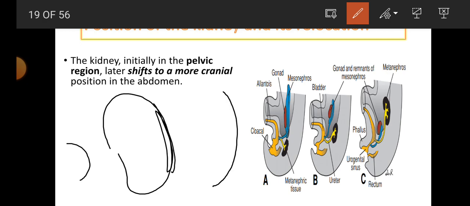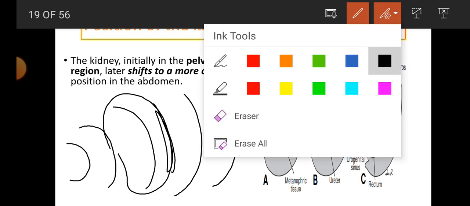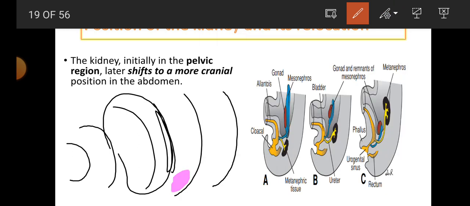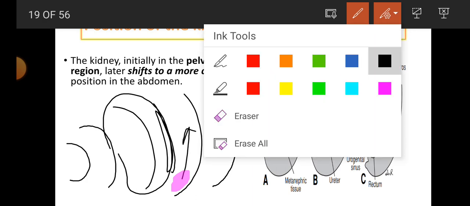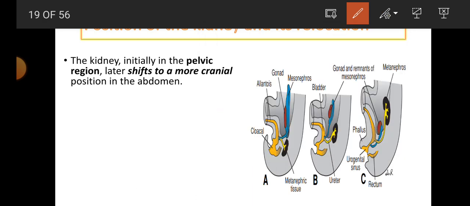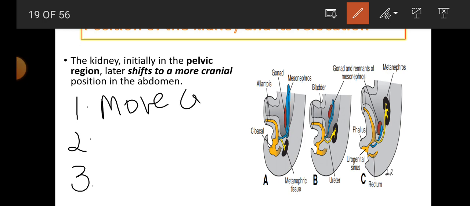It is well curved, then diminishes. The kidneys from the pelvic part start moving to the abdominal region. There are three things happening due to the diminution of the body curvature and the development of the abdomen and pelvis. Now what are the three things? The kidney first moves cranially.